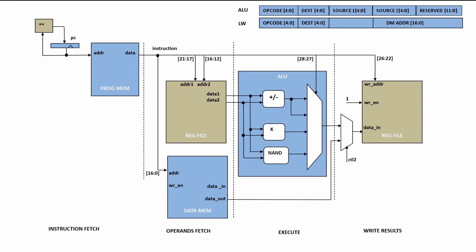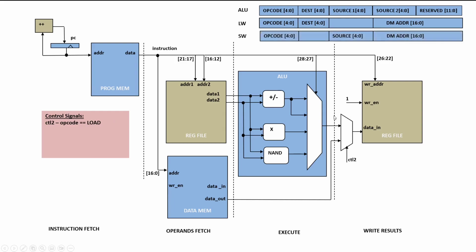As soon as we add a multiplexer, we also have a select line that we represent as CTL2, control 2. We can create the signal by comparing opcode with the opcode of load word, which in our case was 4. So if opcode is equal to 4, then we'll take data from this side. Otherwise, we'll take data from that side.